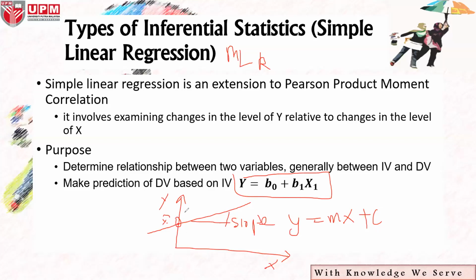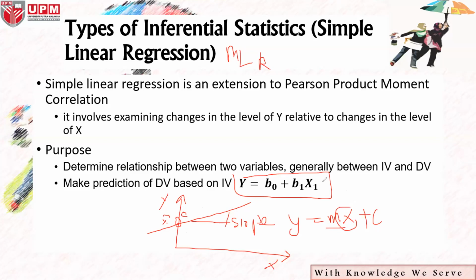C equals the value where the straight line touches the y-axis. So C equals the y-intercept, the value where the straight line touches the y-axis. M equals the slope. X equals the constant.